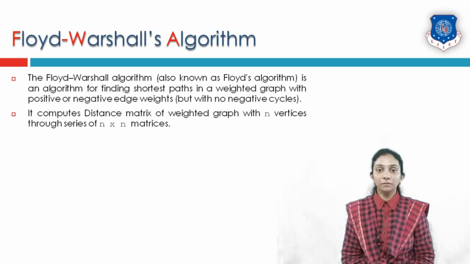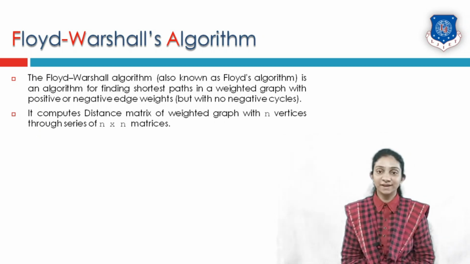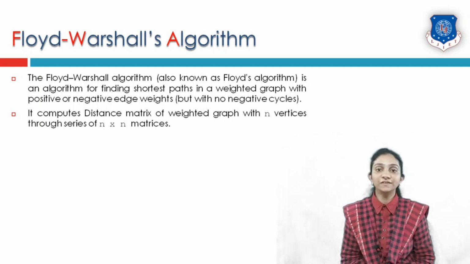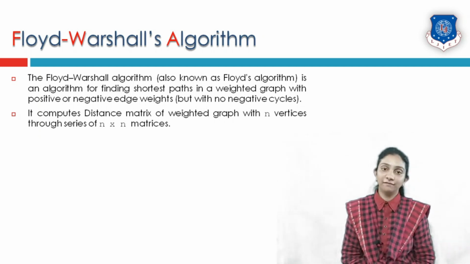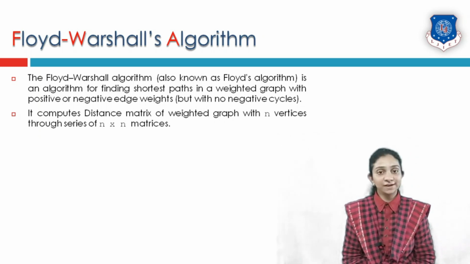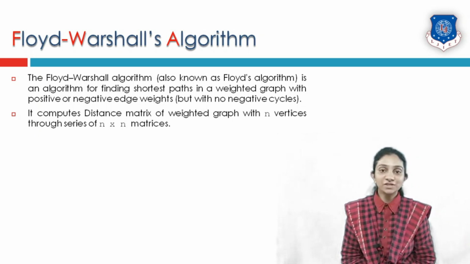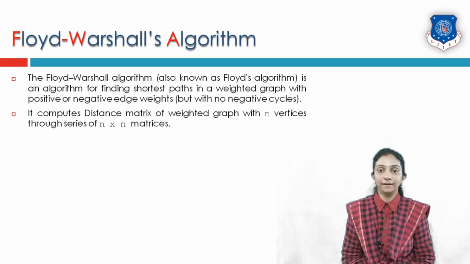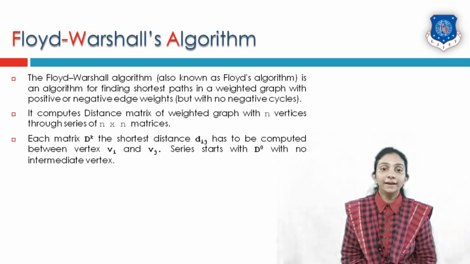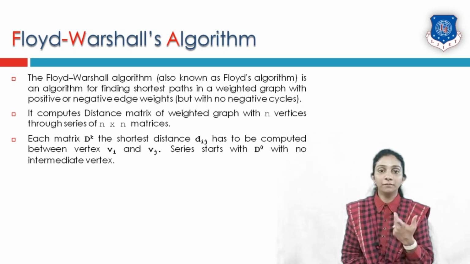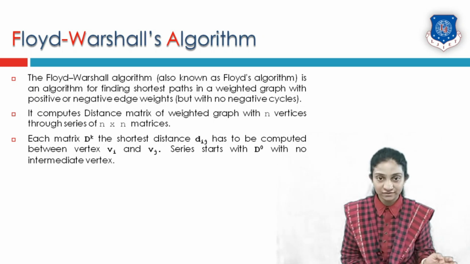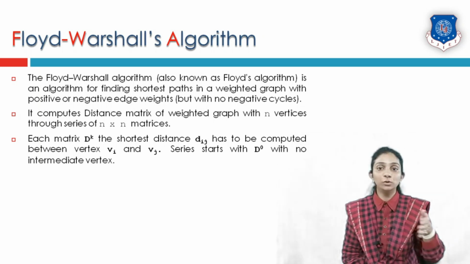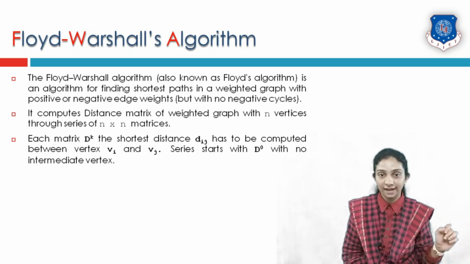Floyd's algorithm computes a distance matrix, called D, for a weighted graph of n vertices. Since there are n vertices, the matrix that is created is n cross n. And it doesn't make only one matrix, it creates a series of distance matrices, from D0, D1, D2 up to Dn.